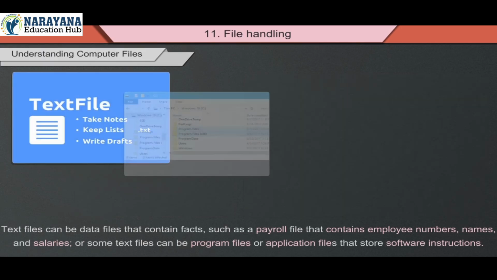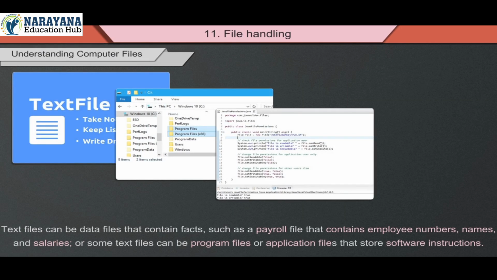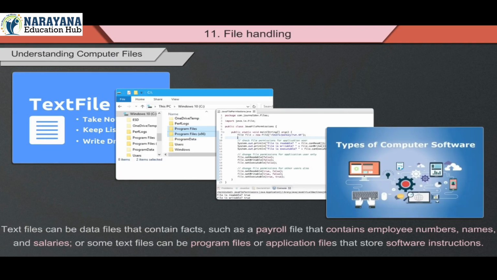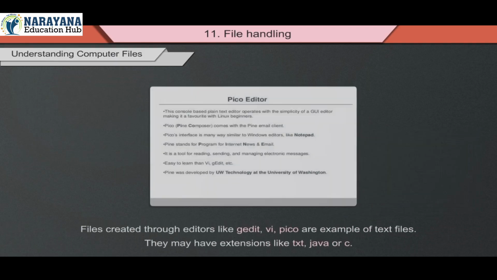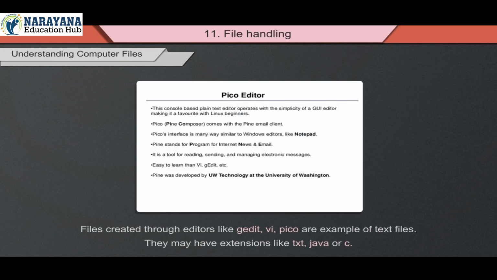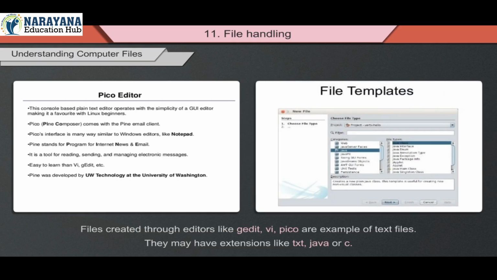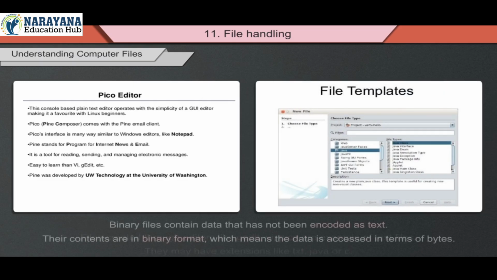Or some text files can be program files or application files that store software instructions. Files created through editors like gedit, vi, and pico are examples of text files. They may have extensions like txt, java, or c.